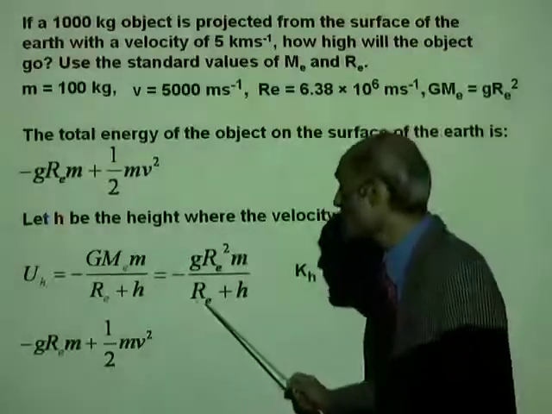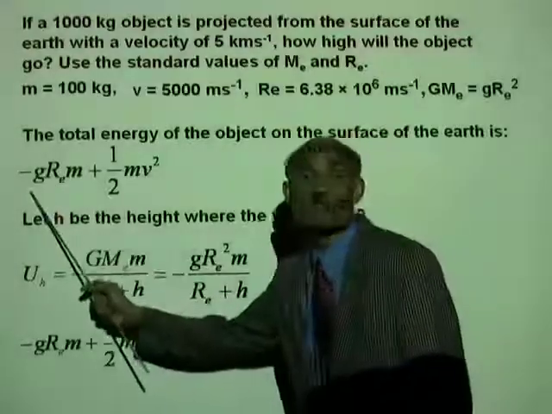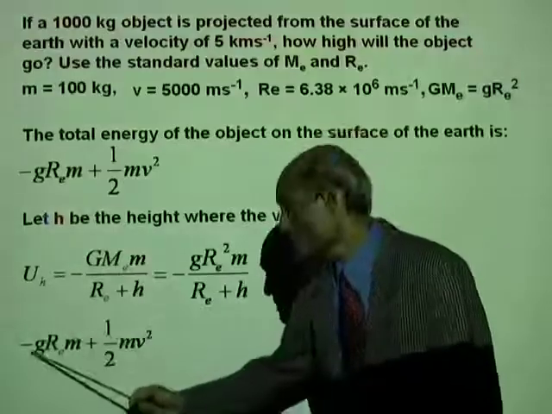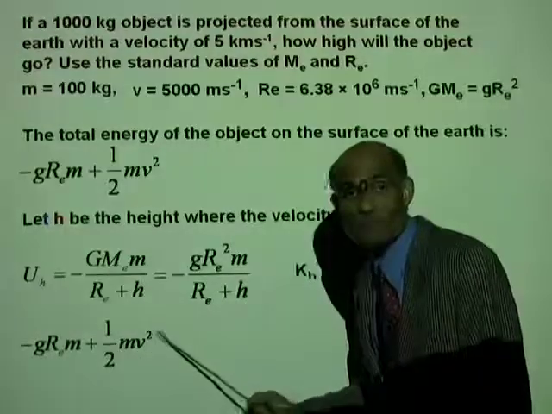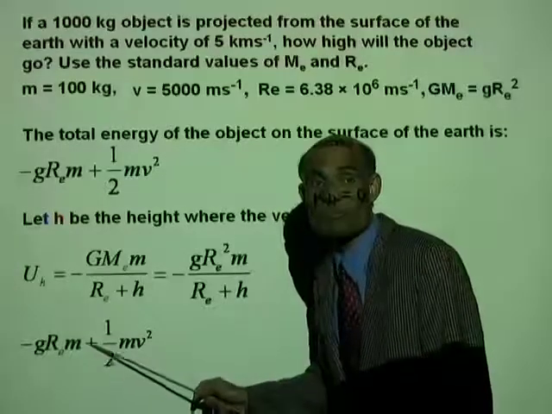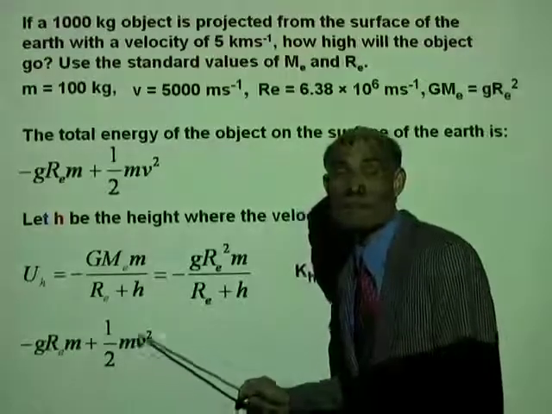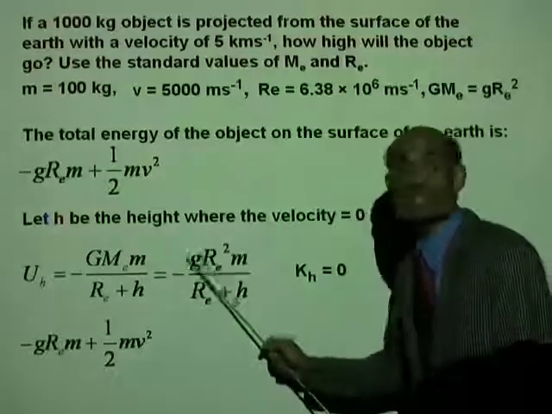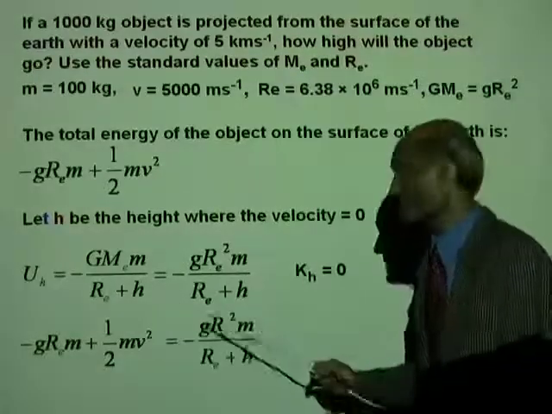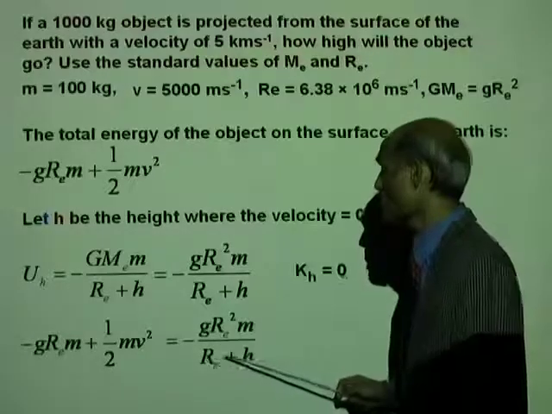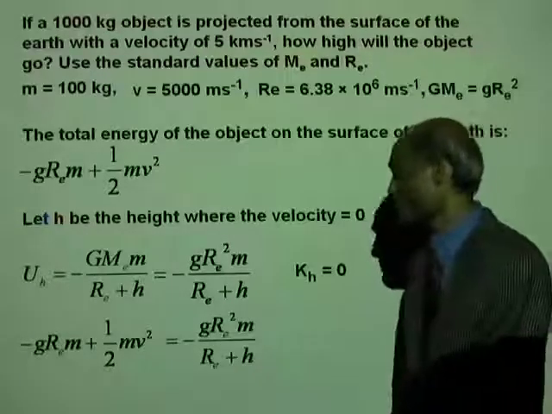And this total energy must be equal to the total energy on the surface of the earth. The total energy on the surface of the earth is negative GREM plus 1/2 mv squared. And that must be equal to the total energy at a height h, that is negative GRE squared m over RE plus h.